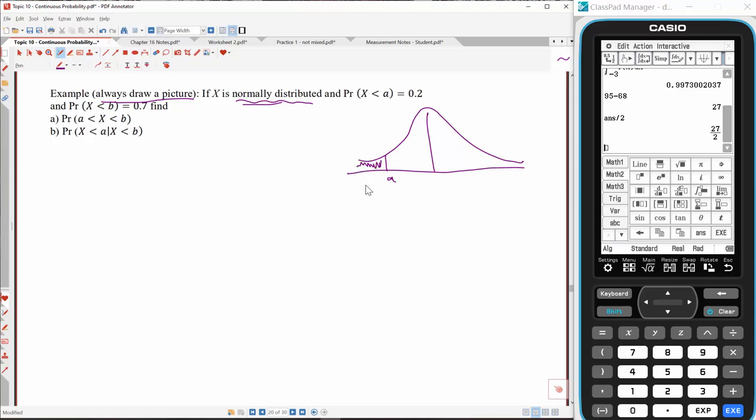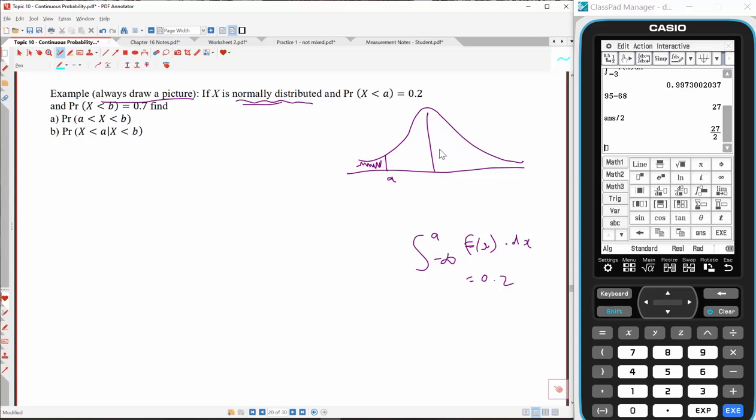So I'm going to let A be around about here, and note that this part here is 0.2. That'll be the area between, if I integrated between A and negative infinity for the normal distribution curve, what I'll get is 0.2. That's that area there. And the other thing they tell us is the probability that X is less than B is 0.7. Okay, so I'll just change color so that this has a bit more effect.